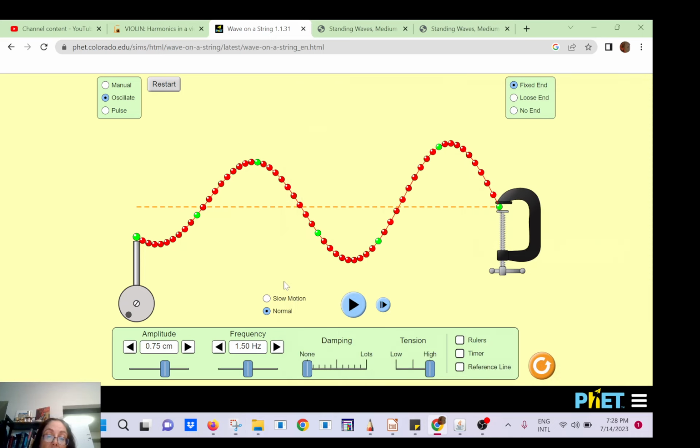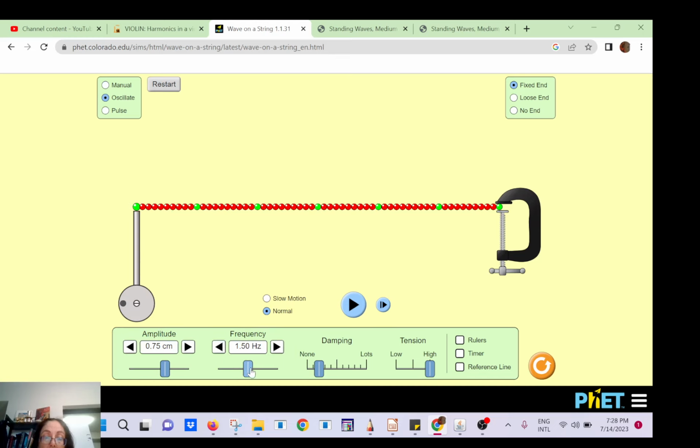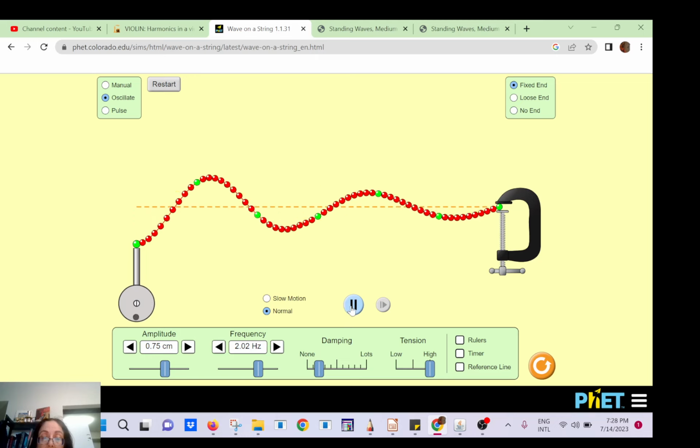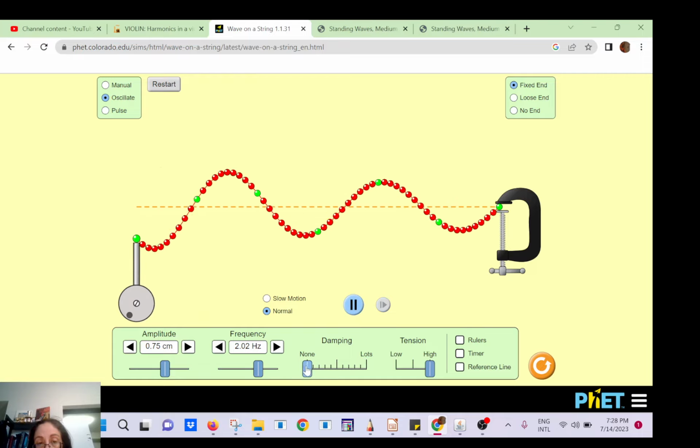So if I go to a frequency of about 2 here, you don't count this one. 1, 2, 3, should be 4.